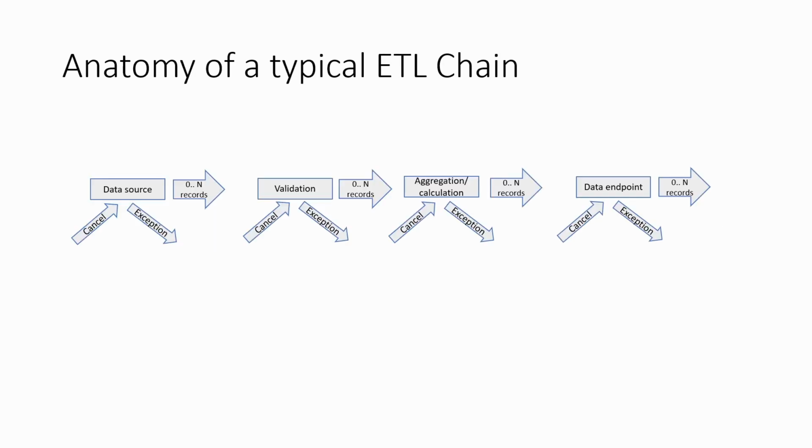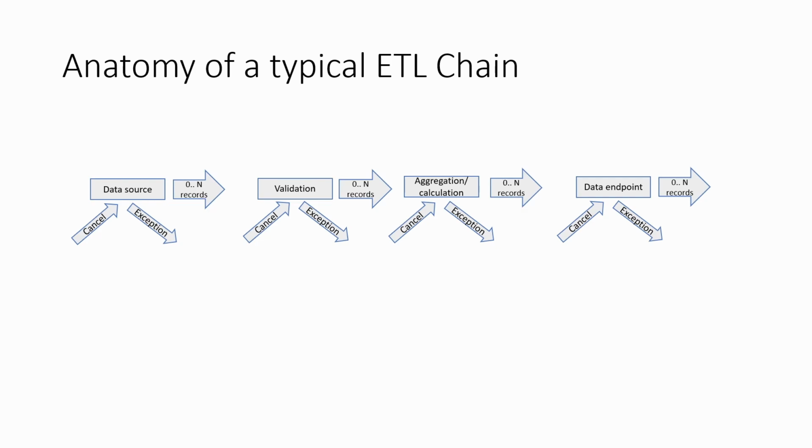So the anatomy of a typical ETL chain, you will first have your data source, right? A step to read data source, and you will produce 0 or many records. And then once you've read it in, you might want to do some validation to ensure that the incoming data is correct, accurate, and free of errors. Now once that has been done, we want to do some aggregations or calculations.